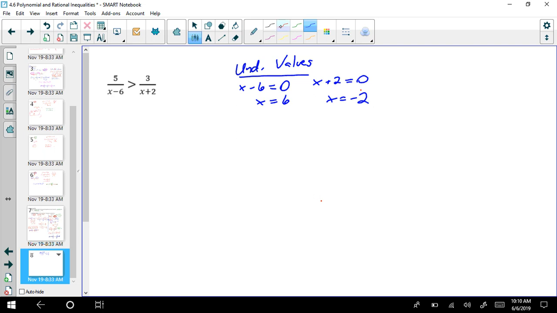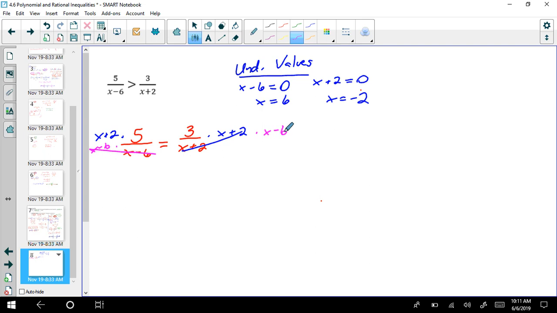Okay, now I want us to solve this. So let's pretend that there's equals. So now how do we solve this? Well, I'm going to times the x plus 2 over. And at the same time, I'm going to times the x minus 6 over.